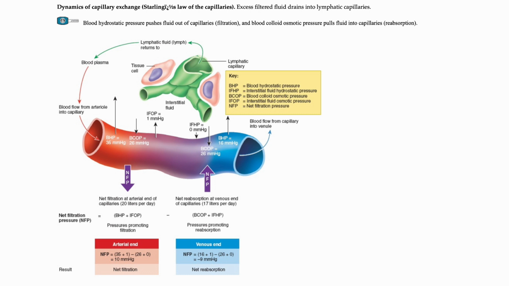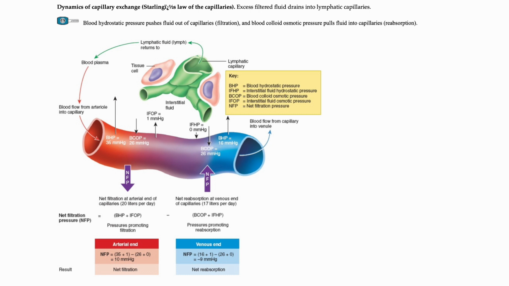As the blood flows through the capillary, it passes over a longer length of vessel surface and therefore experiences greater resistance. Greater resistance causes the blood hydrostatic pressure to decline at the venous end of the capillary. On the other hand, the blood osmotic pressure is unchanged at the venous end.